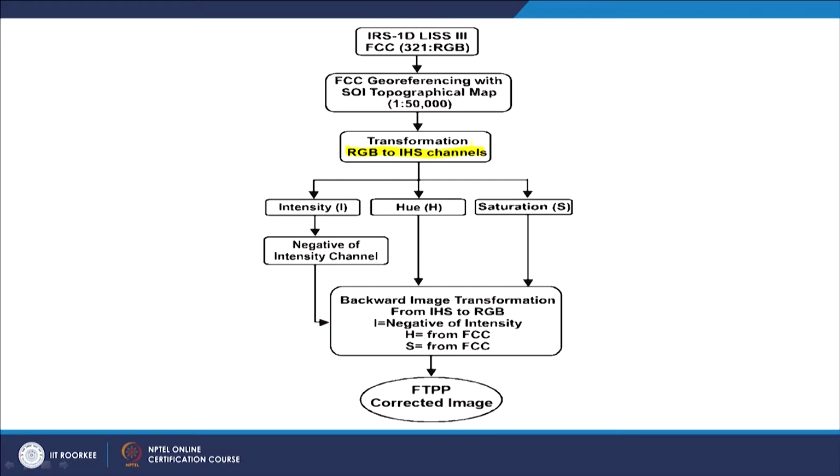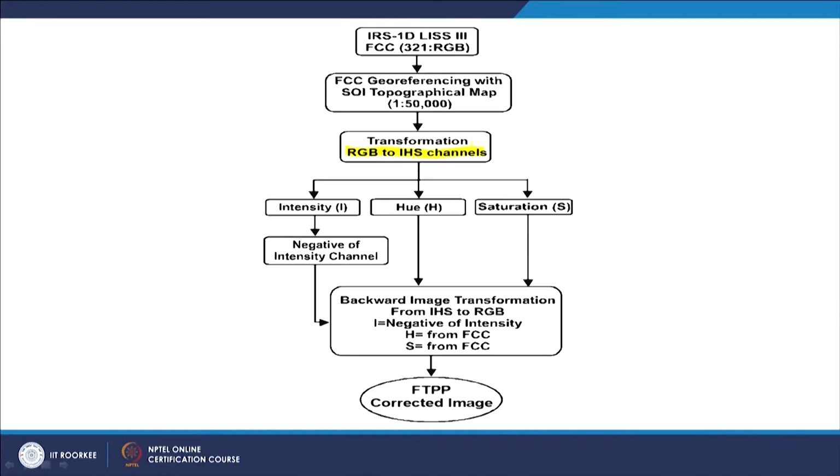A typical one is RGB, that is red, green, blue. Another one can be IHS, that is intensity, hue, saturation. Another plane in which we can project the data is CMY, that is cyan, magenta, yellow, which printing devices use. So, within the color cube, a lot of maneuverability is there, a lot of play can be done, and we can take the benefit and get rid of such phenomena like FTPP.